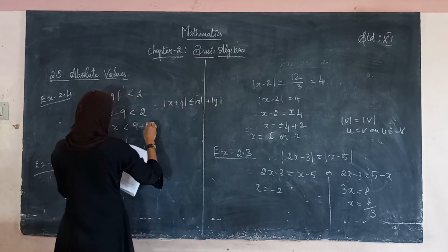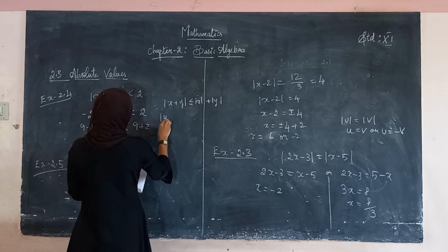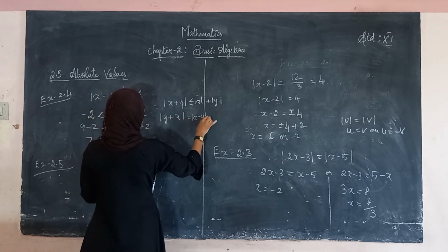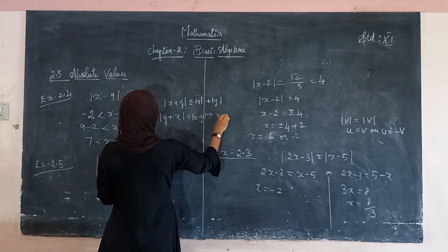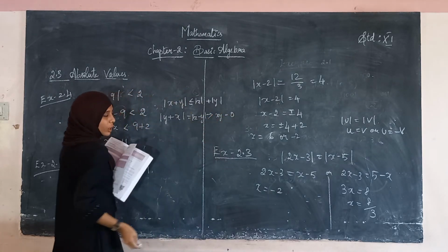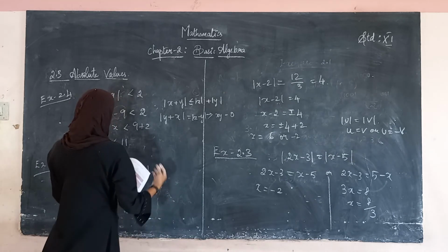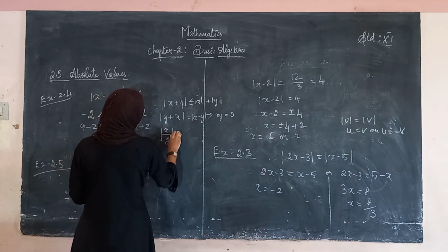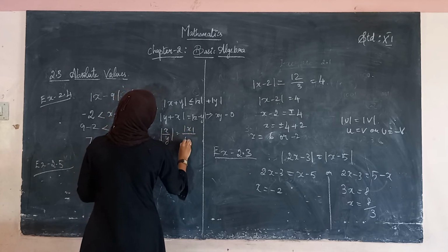And modulus of x plus y will be equal to modulus of x minus y, from this we can get xy will be equal to 0. These are the properties, some formulas you have to note down. Then modulus of x divided by y will be equal to modulus of x divided by modulus of y.